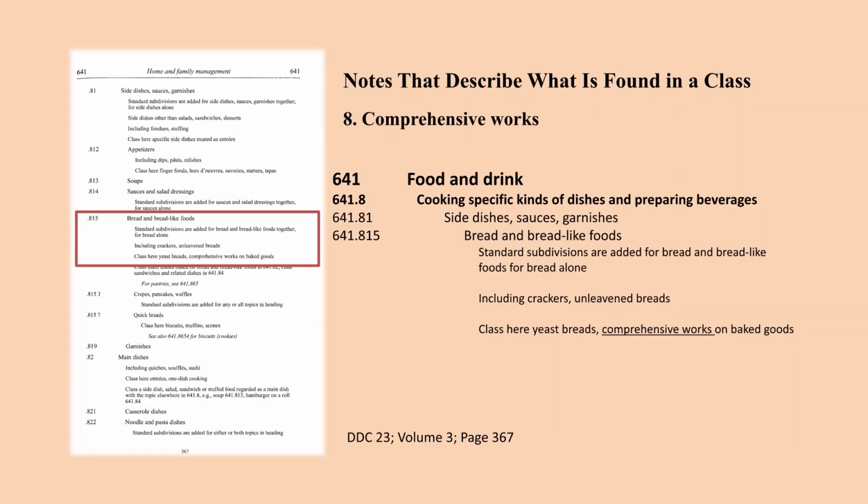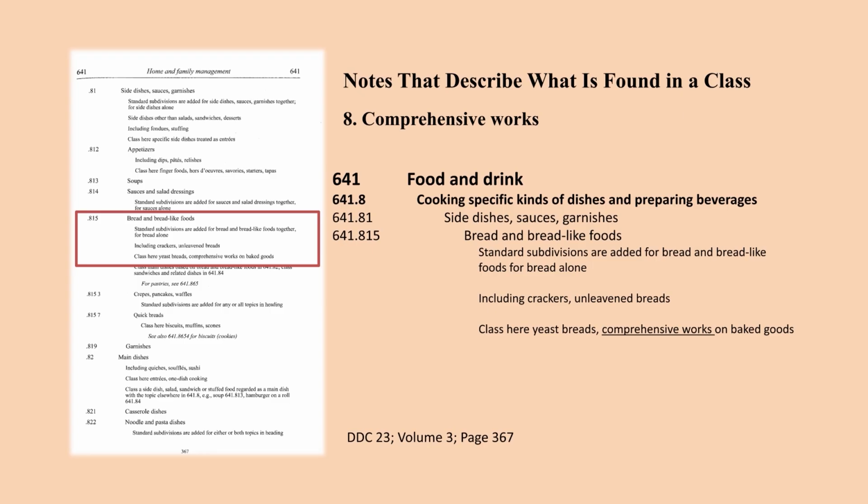Here, the comprehensive works note is recorded as class here yeast breads. So here is a class here note as well as comprehensive works on baked food. Means all the work that is associated with baked goods will come under bread and bread-like food. That is under 641.815. This class you will get in page number 367 of volume 3, DDC 23rd edition.